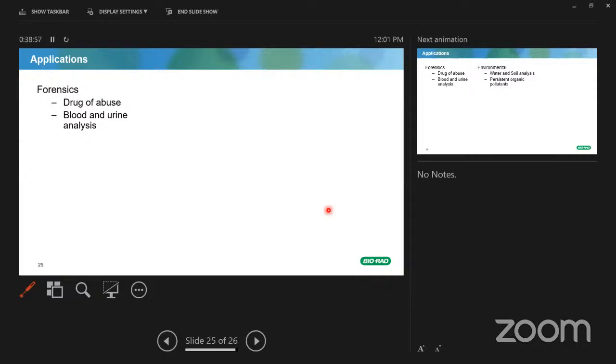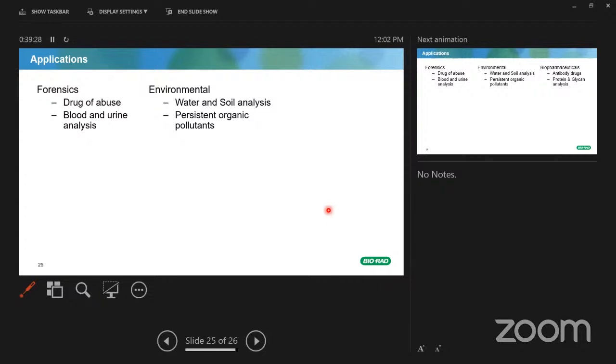Because WADA, the World Anti-Doping Agency, wants to check whether these athletes take performance enhancing drugs, because it would be an unfair competition. And again, to analyze the blood and urine, HPLC and GC coupled with MS are being used on a day-to-day basis. So this is broadly where these applications can cater in.